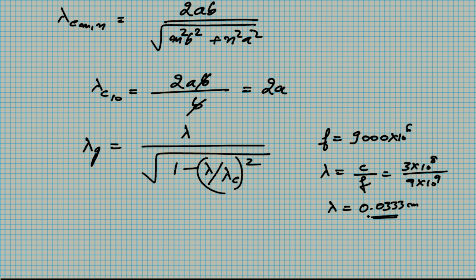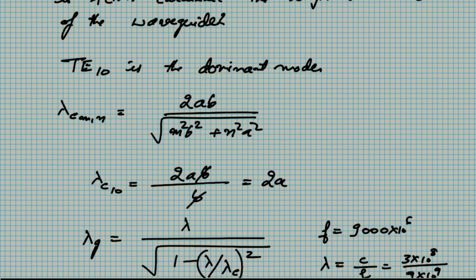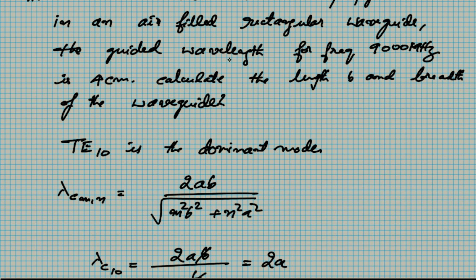Now let me try to relate. On the left hand side, the lambda g is given in the question itself: the guided wavelength at a frequency of 9 into 10 to the 9 hertz is 4 centimeter. So let us equate.